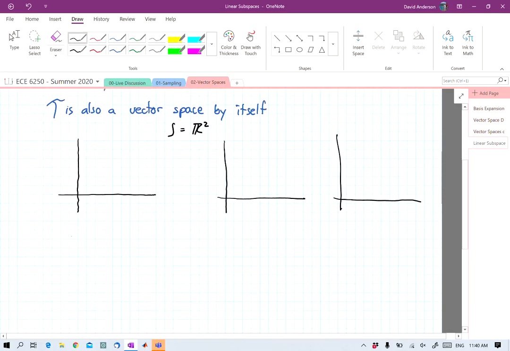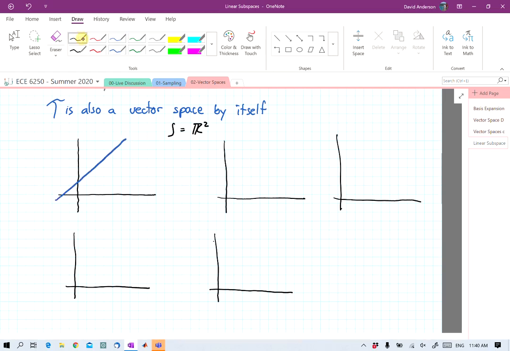And normally at this point I would talk to the class, ask people to shout out or raise their hands or discuss whether or not things are indeed vector spaces. So we want a linear subspace. X2, X1. There's one possible subspace. Now let's go back to blue.